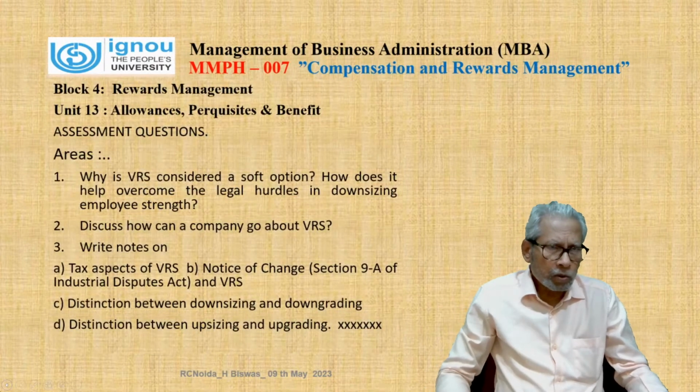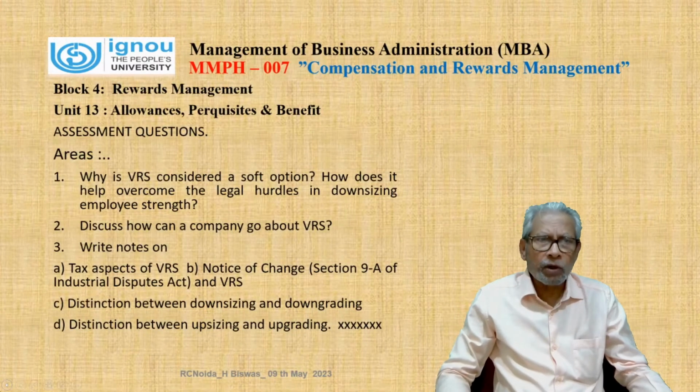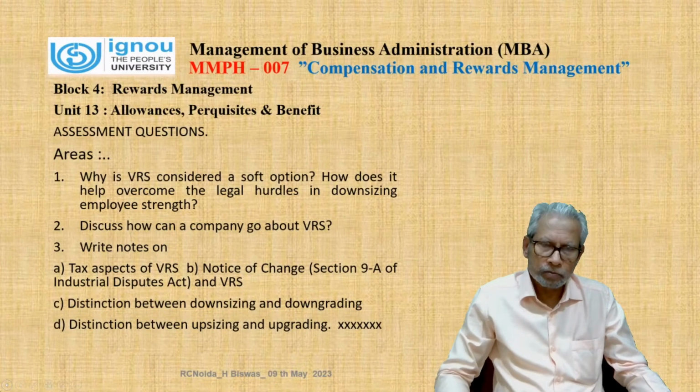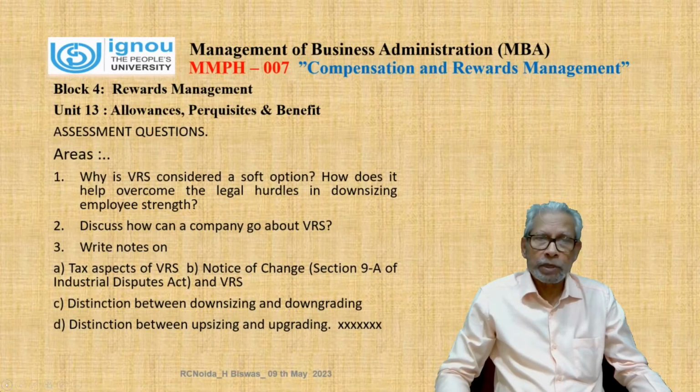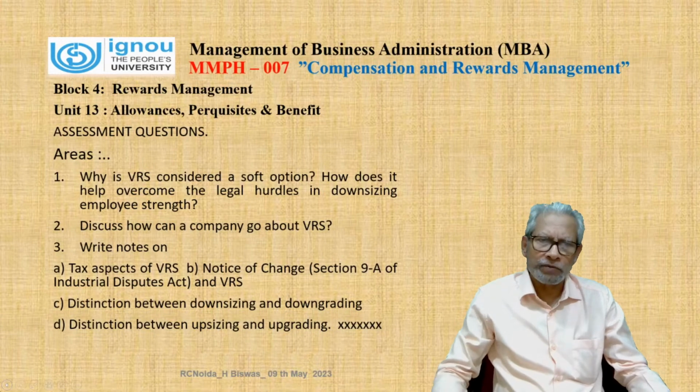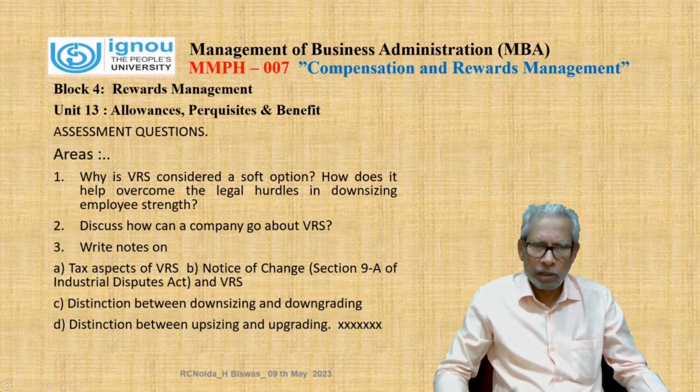Why is VRS, the voluntary retirement scheme, considered a soft option? You have to mention what the benefits and advantages are, because as a company there are a lot of benefits. They can take fresh blood, a fresh employee.